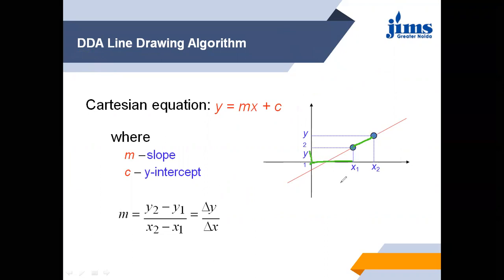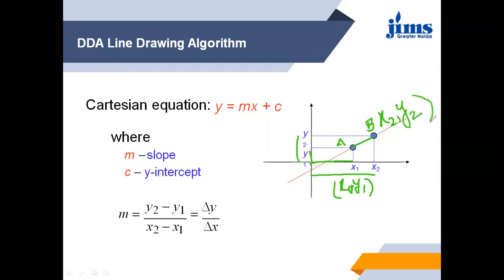The second one, point B, is x2 in the x direction and y2 in the y direction. So these are two endpoints of a line.